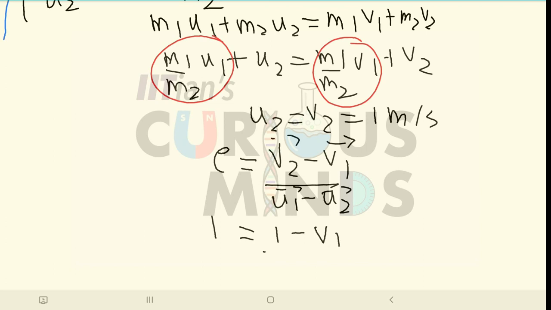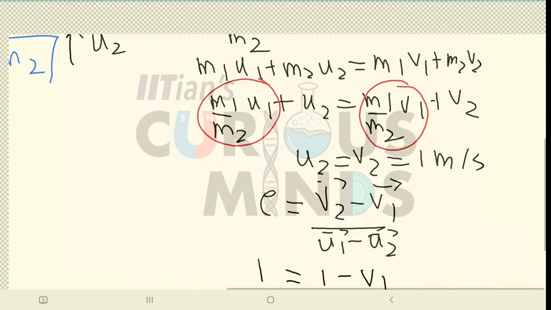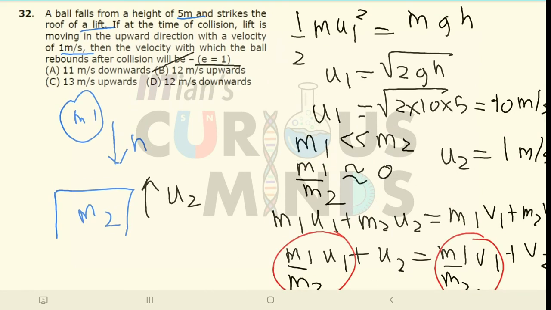The initial velocity of the ball was minus 10 and the initial velocity of the lift is equal to 1. When I substitute the values, it will be 1 times minus 11 is equal to 1 minus v1, so v1 is equal to 12 meter per second. Since the answer is positive, it means that the ball moves upwards with a velocity of 12 meter per second, which is option number B.